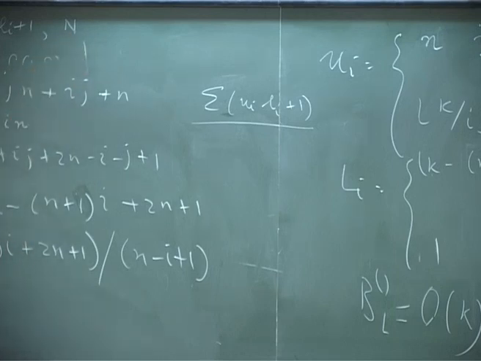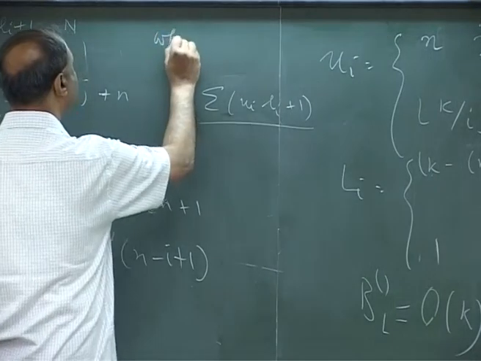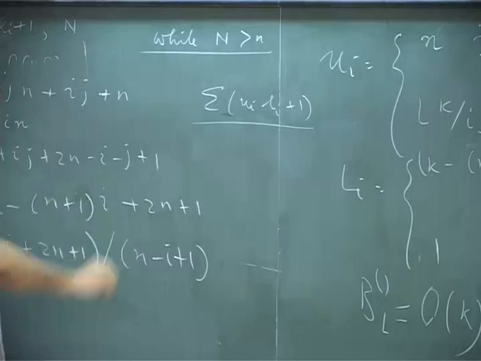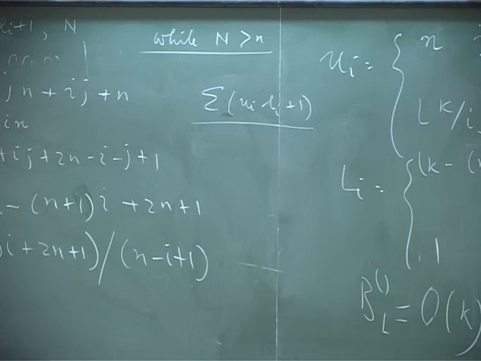Then there is a loop: while capital N is greater than small n, you have to find the first quartile, second quartile, and third quartile using n processors. Right?